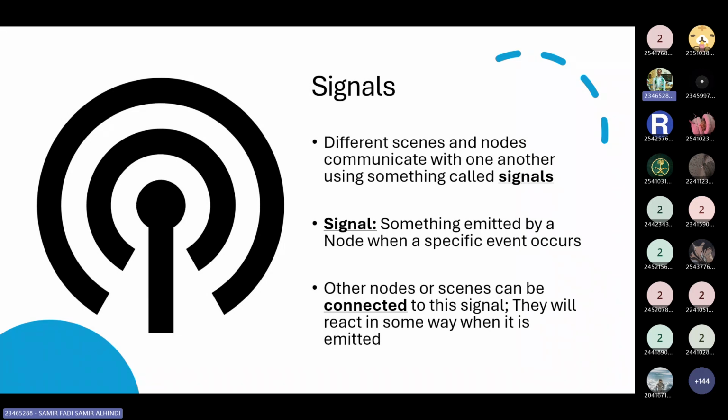For example, when the mob, the enemy, hits the player, the hitbox emits a signal that the parent node can listen to, and the parent node will react. It will play a hurt animation, a hit animation. It will take away the health. It will do -10 for the health.